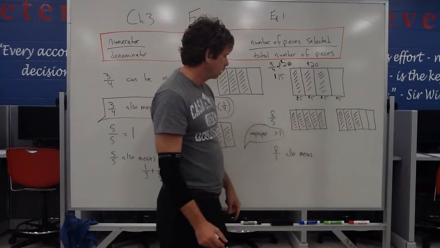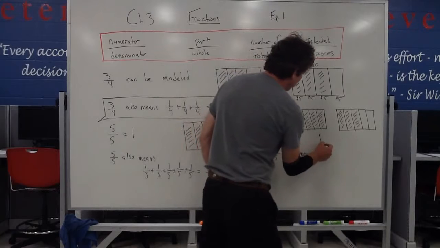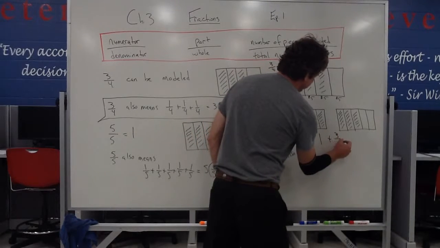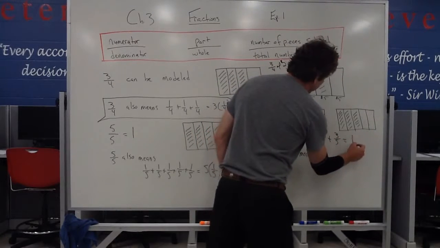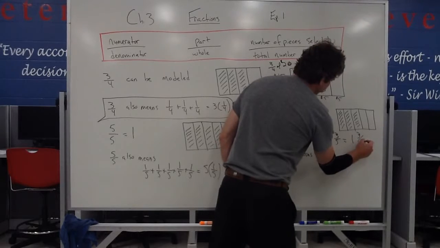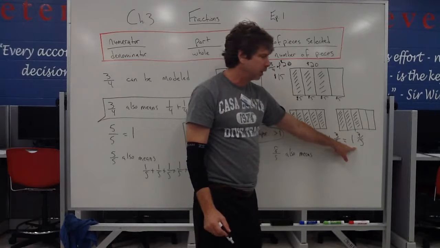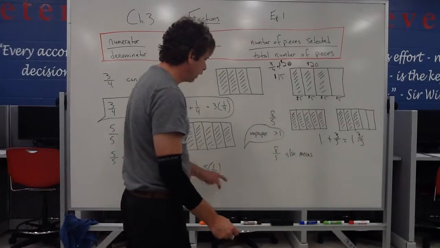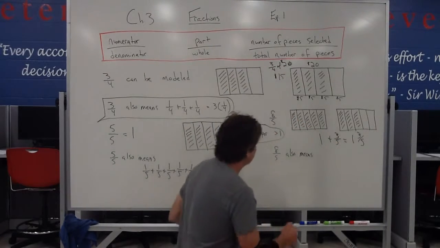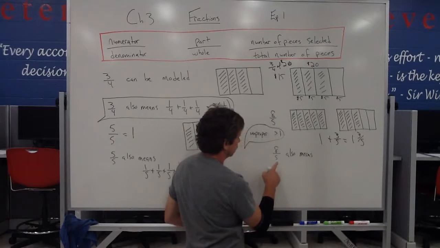So I have 8/5. You also can look at this as 1 plus 3/5, which we can put together and write as 1 and 3/5. 1 and 3/5 is described as a mixed number. So 8/5 could also mean 1 and 3/5.